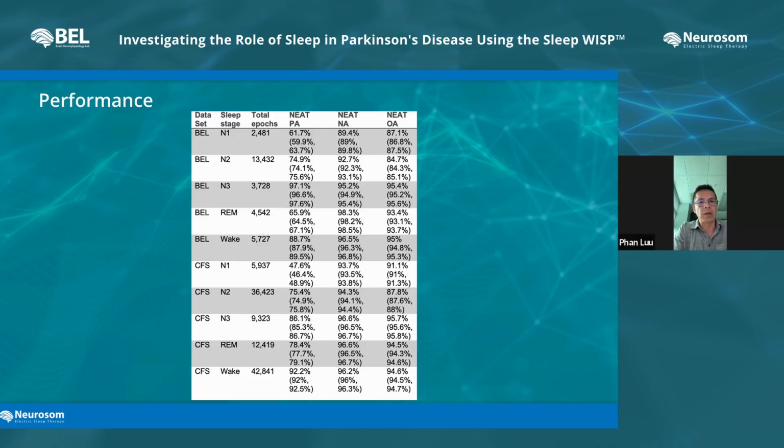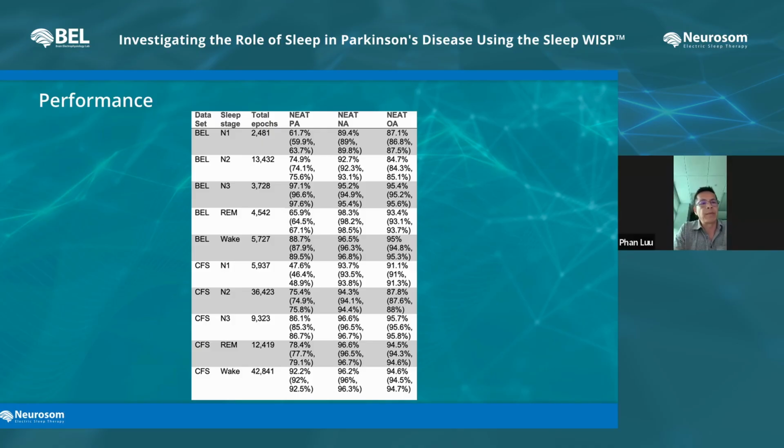Essentially, compared to the gold standard, the overall agreement for NEAT is quite high. And if we look at these numbers, it's more or less comparable to the highest agreement rate of humans. So it's performing as well as humans on sleep staging.